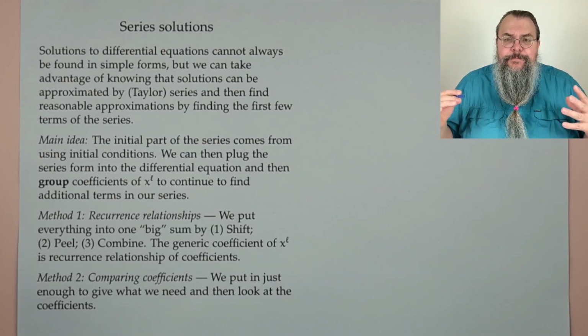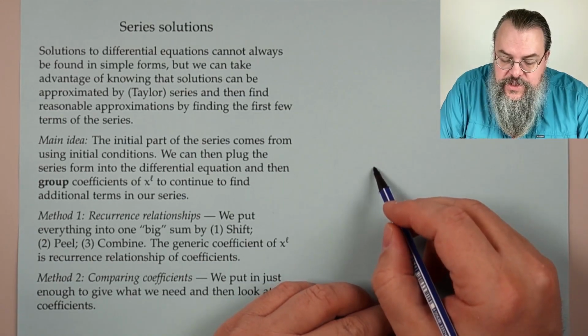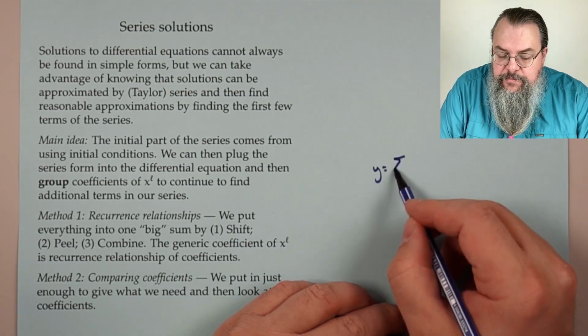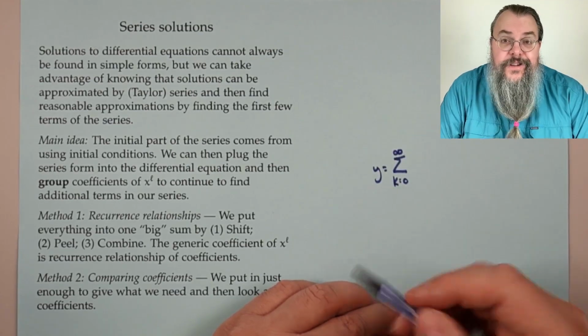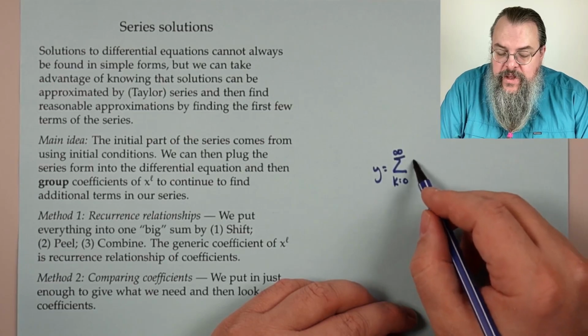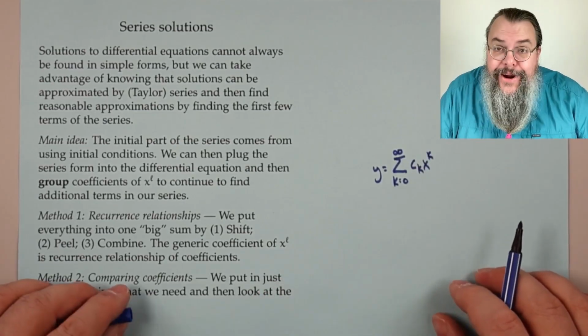So what's going on? Well, series means that we're going to think about our solutions as these really big polynomials. So a series is nothing more than essentially an infinite polynomial, the sum of c_k x^k. Now, why do we care?